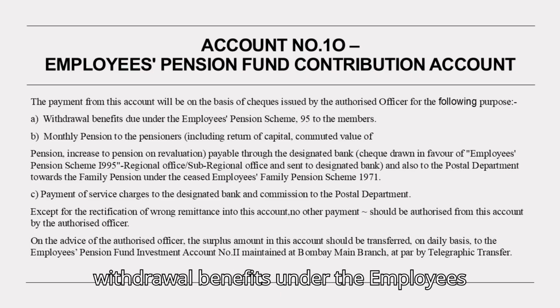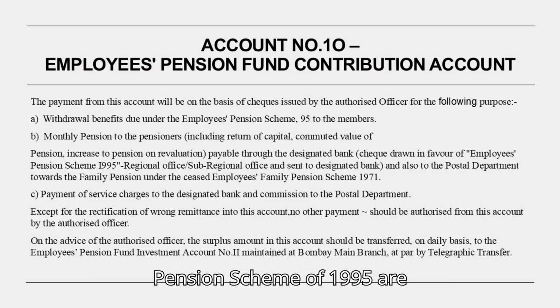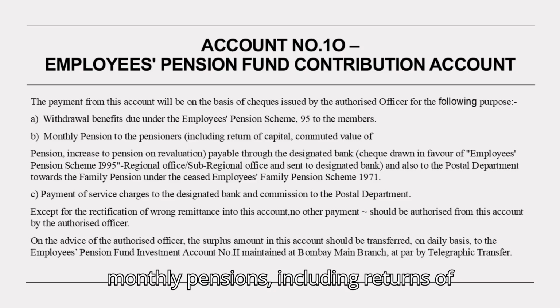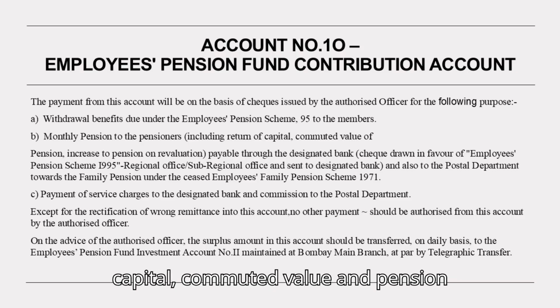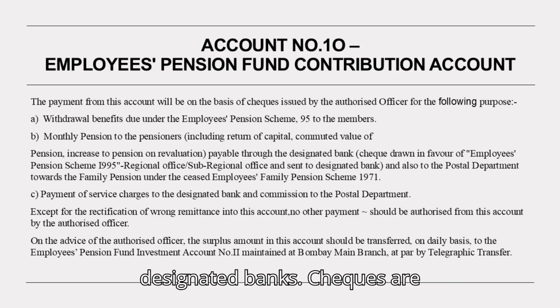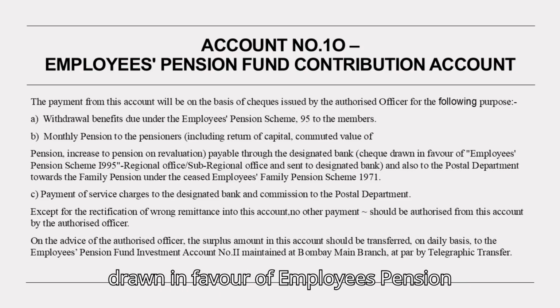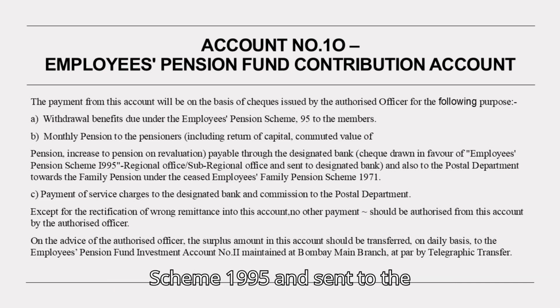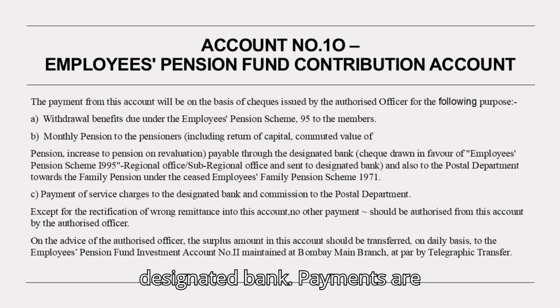First, withdrawal benefits under the Employees Pension Scheme of 1995 are provided to members. Second, monthly pensions, including return of capital, commuted value, and pension increases, are paid to pensioners through designated banks. Checks are drawn in favor of Employees Pension Scheme 1995 and sent to the designated bank.